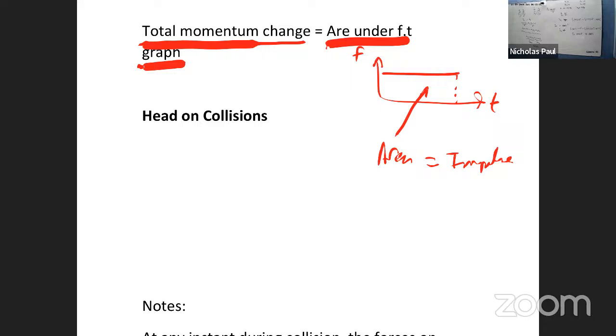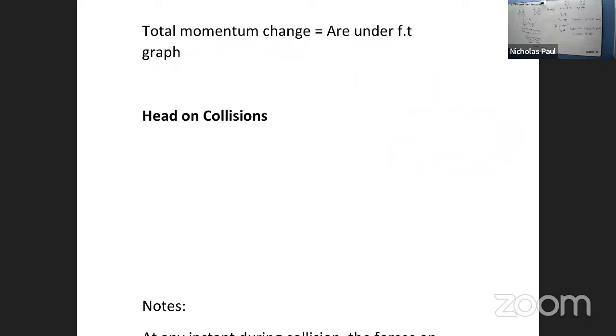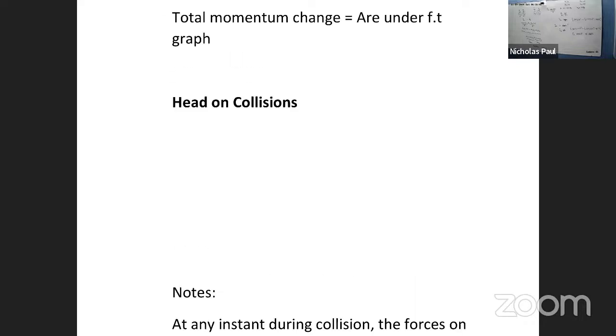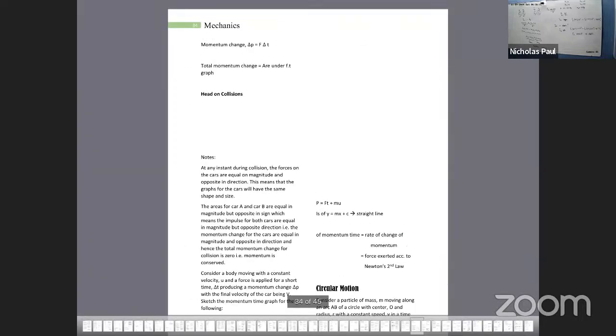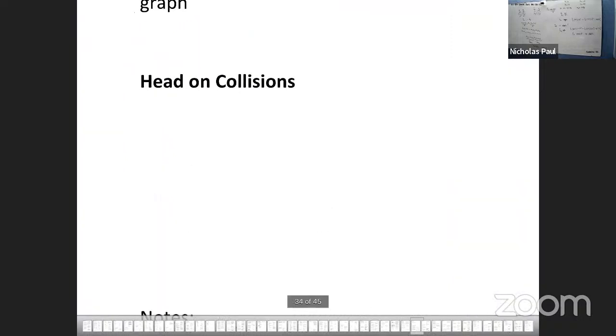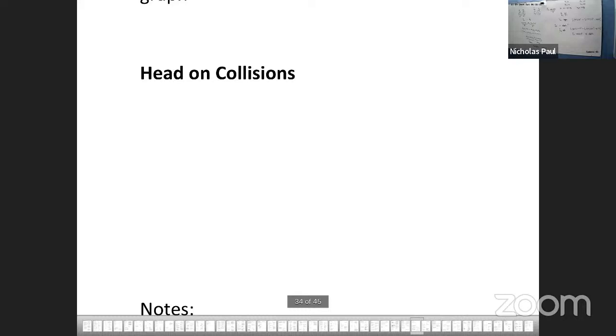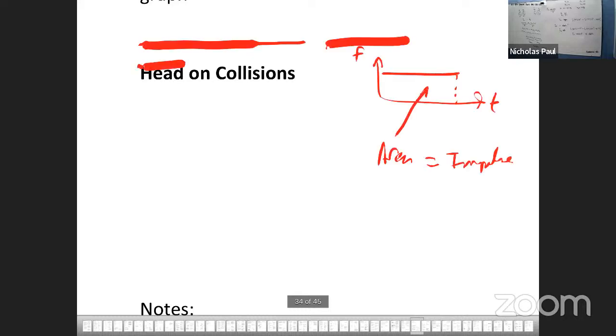We have one little graph to draw. I'll give you the scenario. I want you to draw the graph for two cars that underwent a head-on collision.